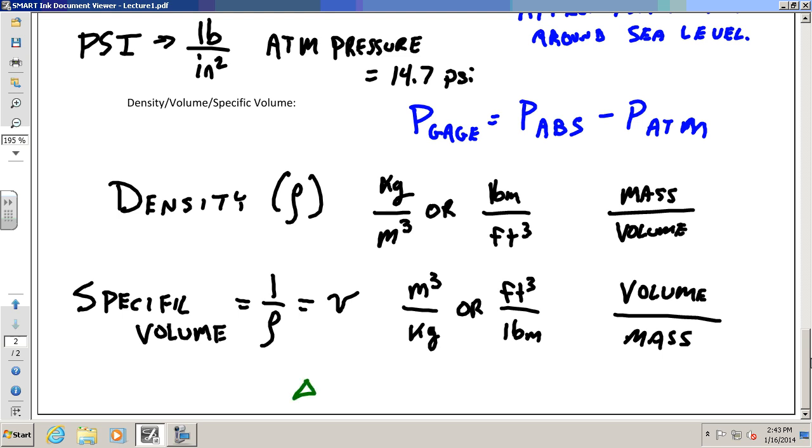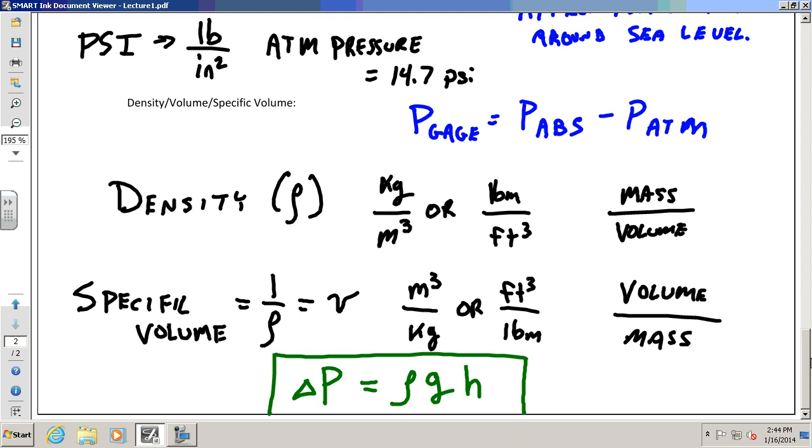The change in pressure is equal to the density times the acceleration of gravity times h, the difference in height. You're going to get to practice with that equation in just a moment.